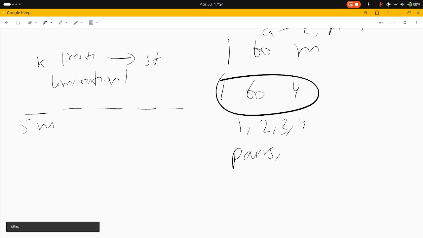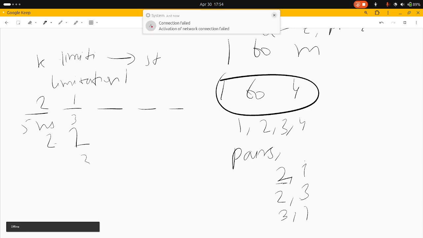Let me assume a pair can be 2 1, 2 3, or 3 1. So if there is a 2 in a blank, the next blank cannot be filled with 1 or 3. This particular pair cannot come consecutively.